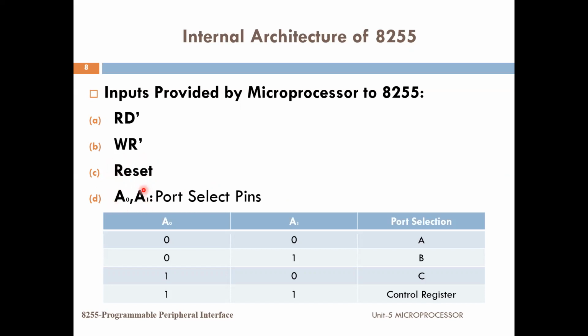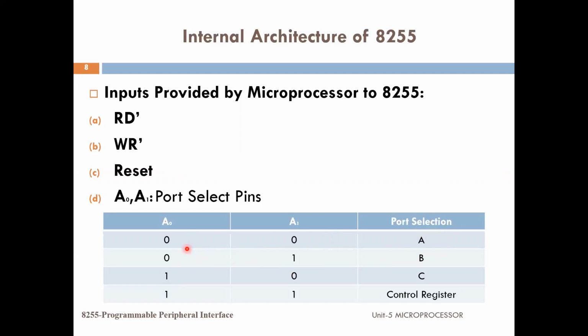Other lines are the address lines. These are A0 and A1. These are used for selecting the ports. As we can see in this table, it depends on the input combination of A0 and A1 on the basis of which the different ports are selected. Like if the A0 value is 0 and A1 value is also 0, then port A will be selected.